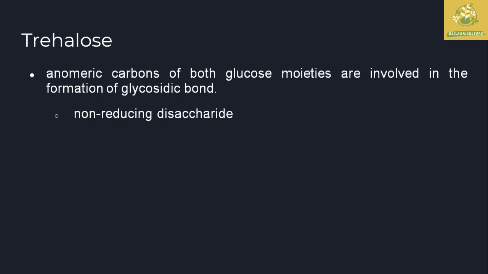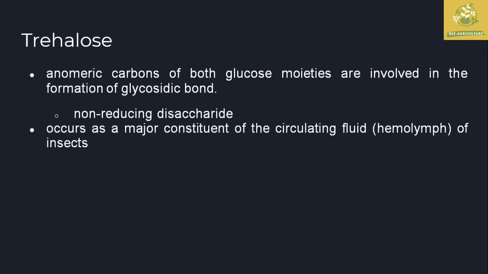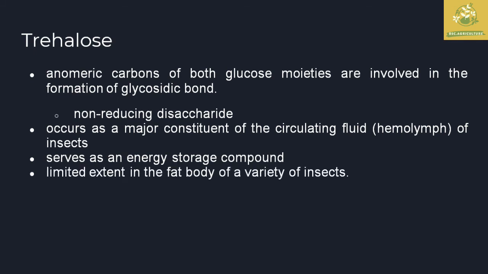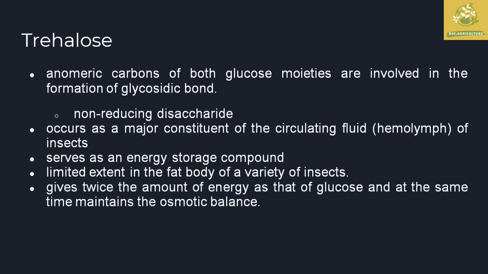So, trehalose. Trehalose is formed from the anomeric carbons of both glucose units, which are involved in the formation of the glycosidic bond of this non-reducing disaccharide. Trehalose occurs as a major constituent of the circulating fluid of insects, the hemolymph, where you can see a high amount of trehalose, which serves as an energy storage compound in the insect body, and to a limited extent in the fat body of a variety of insects.